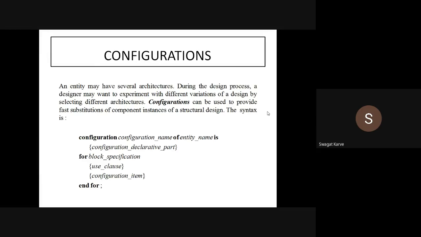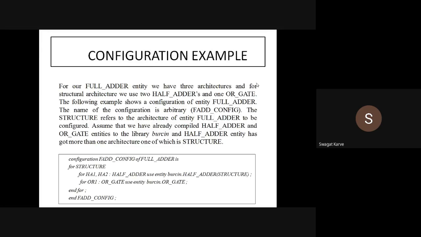That means we have started the loop, we have to end the loop. So this is the typical configuration part, or you can say this is the need and necessary of configurations. So again, this is what the example of configuration I have displayed here.